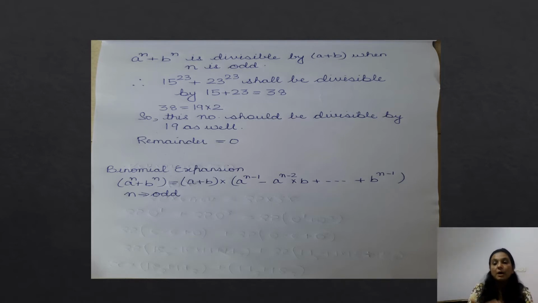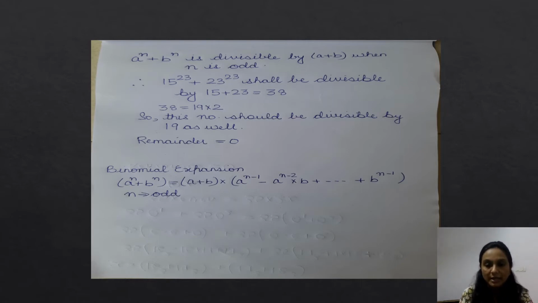When you say a power n plus b power n, when n is odd, you can write it as a plus b into a power n minus 1 minus a power n minus 2 into b plus and so on until b power n minus 1. Therefore, 15 power 23 plus 23 power 23 can be written as 15 plus 23 into something else. So 15 plus 23 is 38.